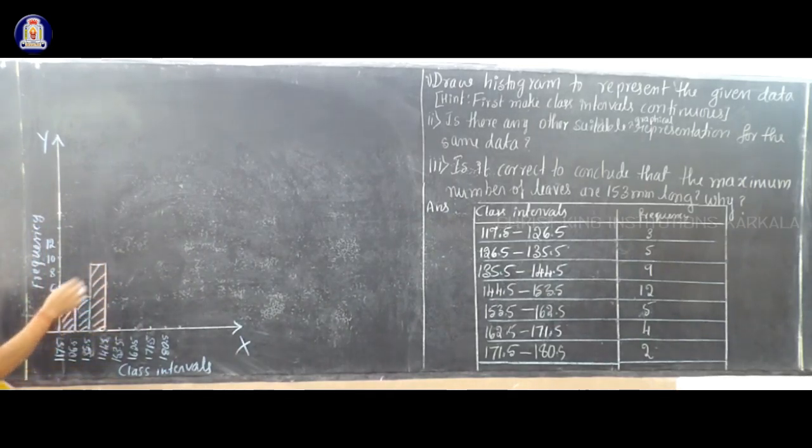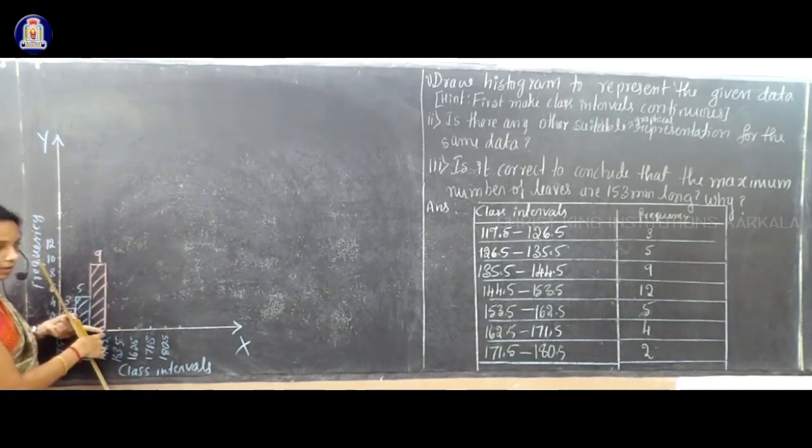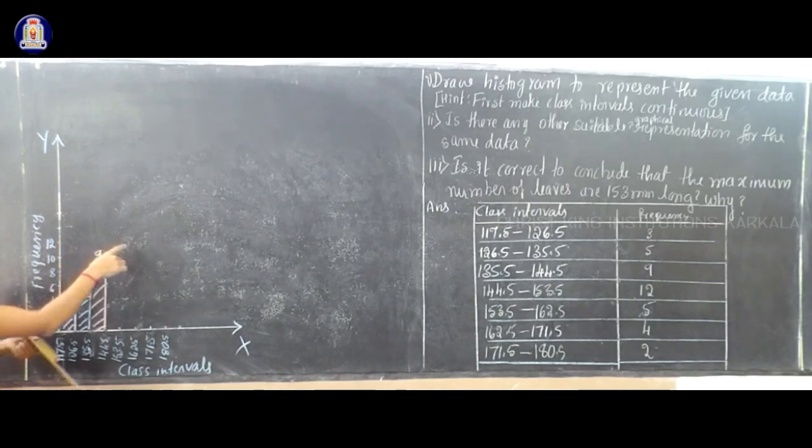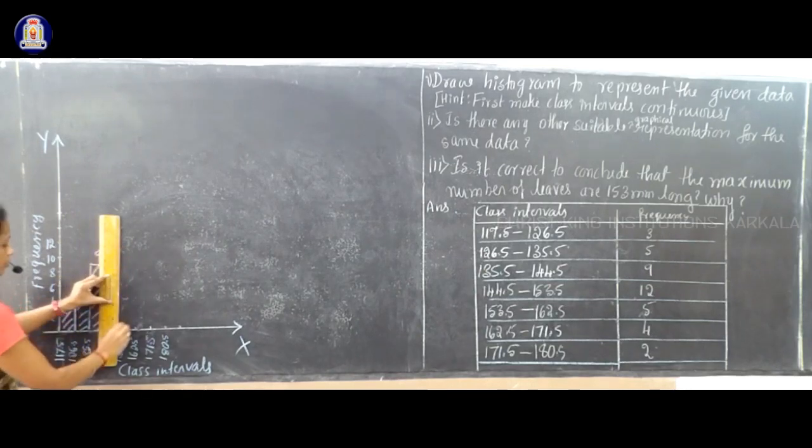So this is a rectangular bar of height 9. Next, look at the table, 144.5 to 153.5, you have to draw a rectangular bar of height 12. Okay, 12 is here. So the next rectangular bar is of height 12 units.